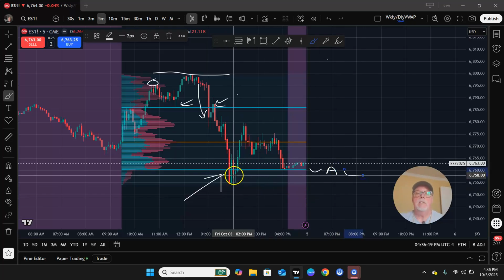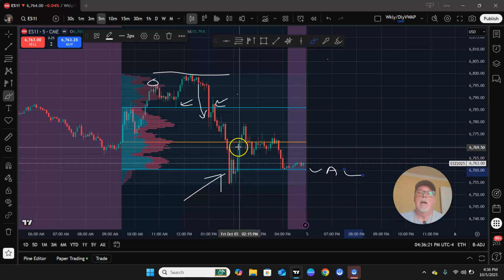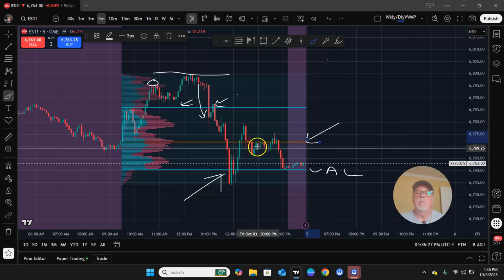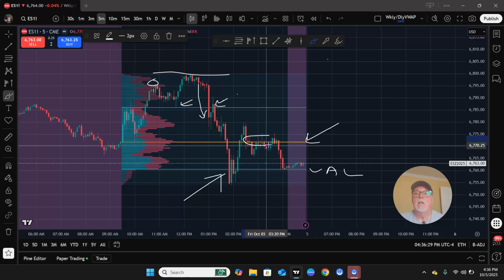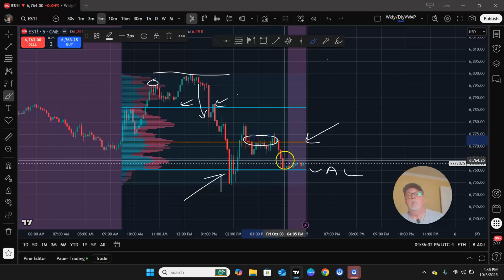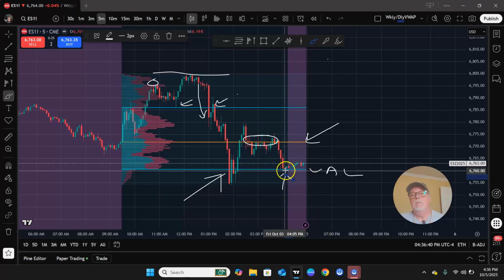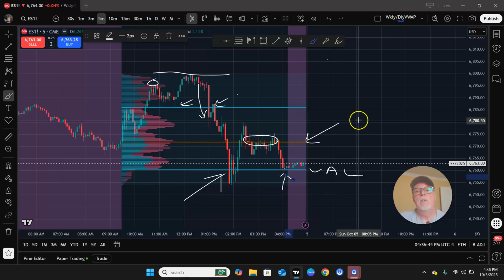We went just past it here and then went back up. Where did we go? Came up here just past the point of control, and then we congregated around the point of control, came back, retested the value area low, and then we stayed there at the end of the day. That was 4 o'clock, and then we're done.